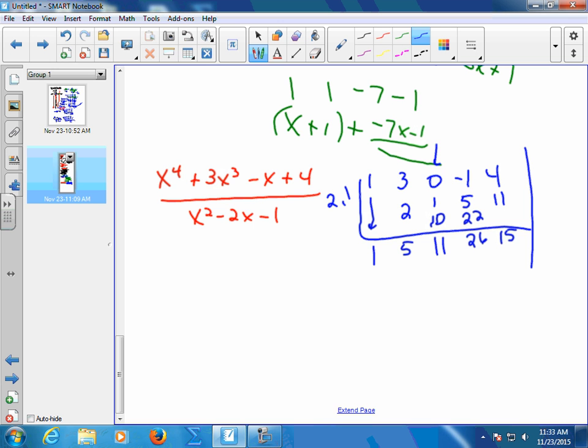15. So what is my starting exponent going to be? X squared. Good. X squared plus 5x plus 11. Oh, this must be my remainder. So x to the 0, x to the 1, plus, I'm just stringing this along, 26x plus 15 over my denominator.